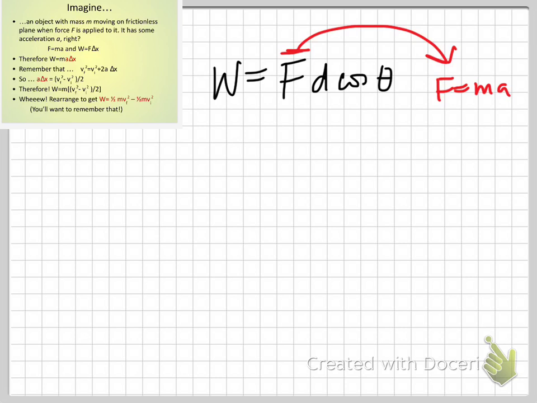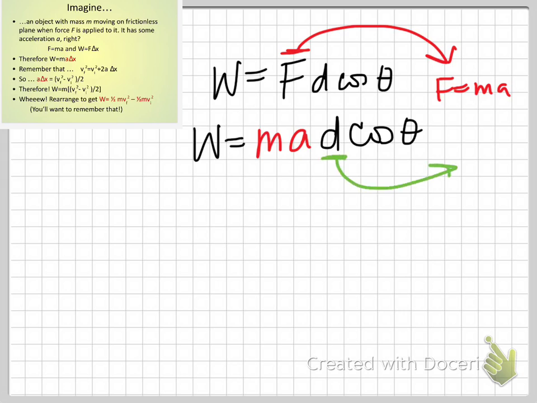Good. So we can plug that in and say work equals mass times acceleration times distance times cosine theta. Is there another way to express the concept of distance? Think back to chapter 2. Could we say, in fact, that distance is really delta x?